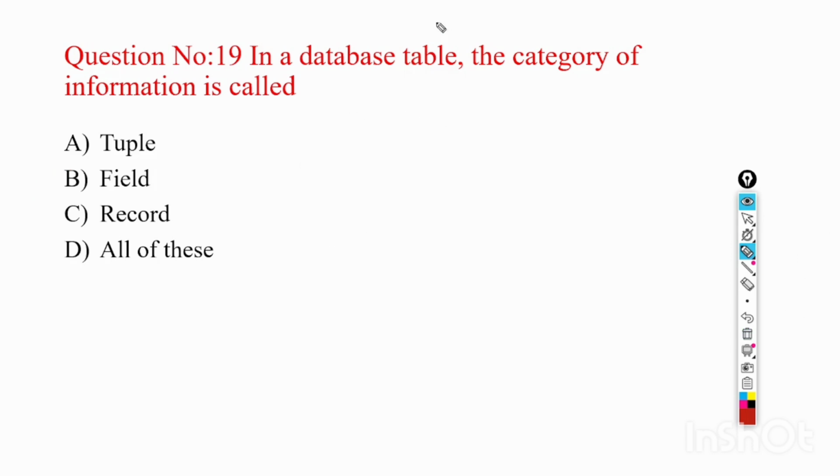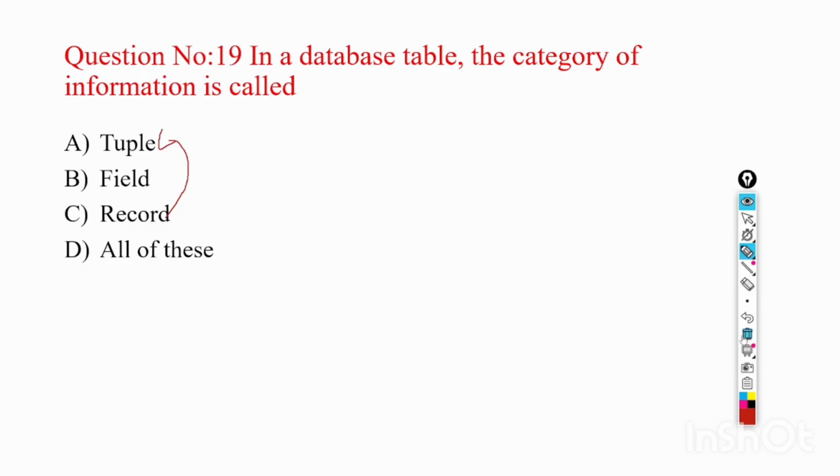For example, there is a student table with roll number, name, marks and department. There are different columns. I am taking roll number and name.